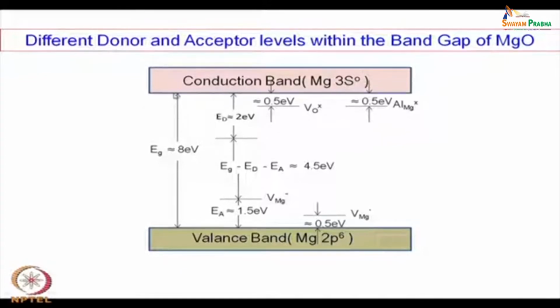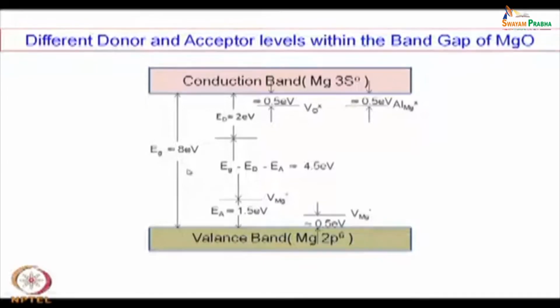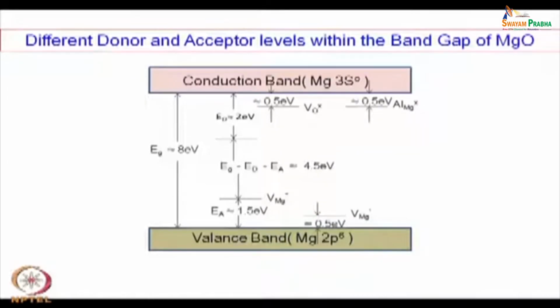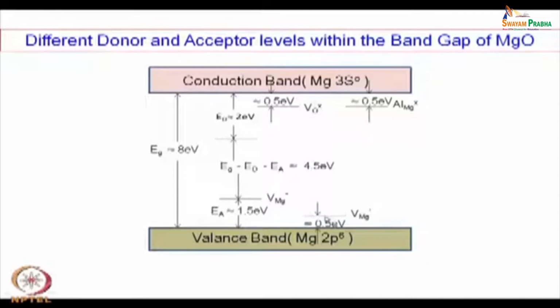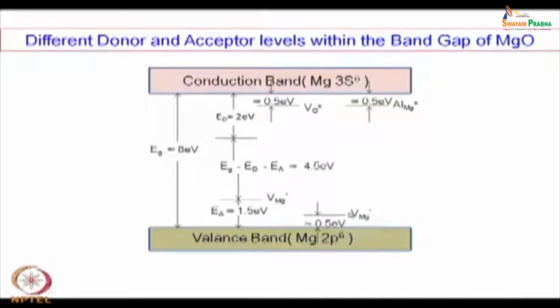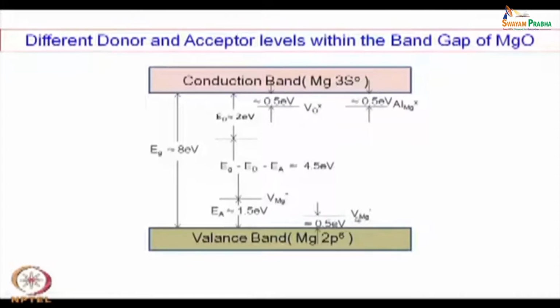Now, the total band gap is of the order of about 8 electron volts, and by definition this is an insulator. However, if some point defects are created, for example, a singly charged magnesium vacancy or a doubly charged magnesium vacancy, it will act as an acceptor.